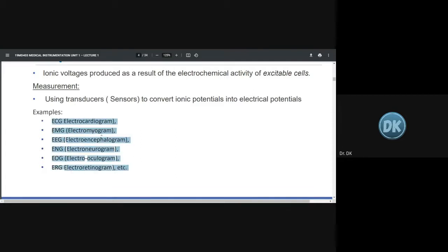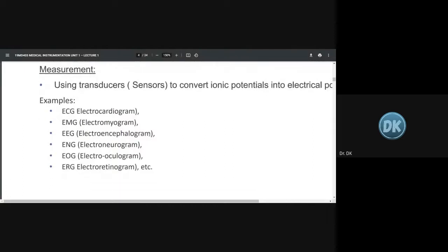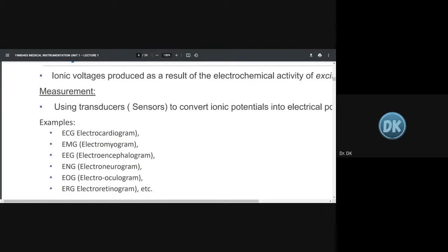So what is a gram? Does anyone remember the difference between gram, graphy, and graph? In the first class itself, I think I have discussed the difference, right? Does anyone remember what is electrocardiogram? Are you guys asleep?